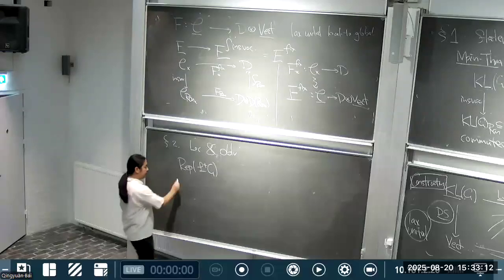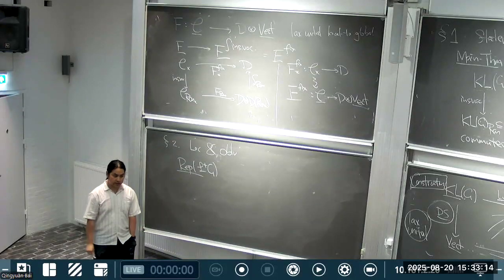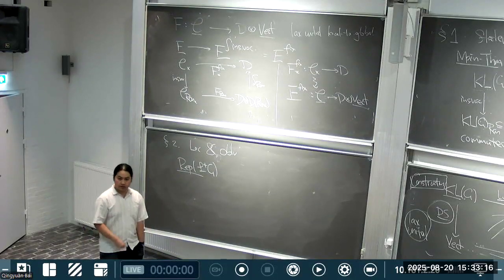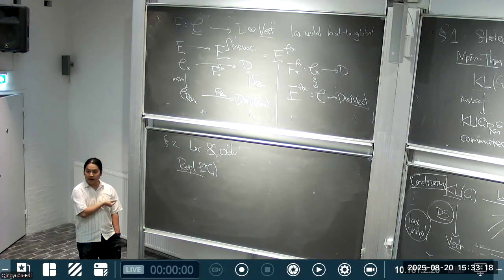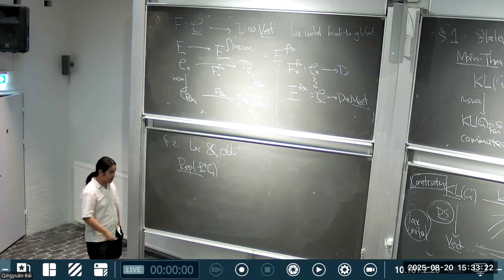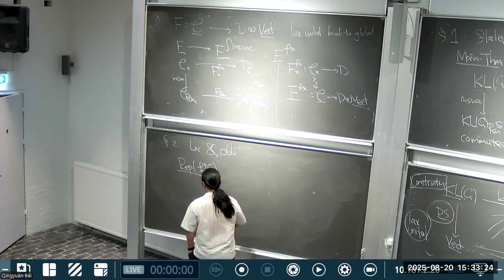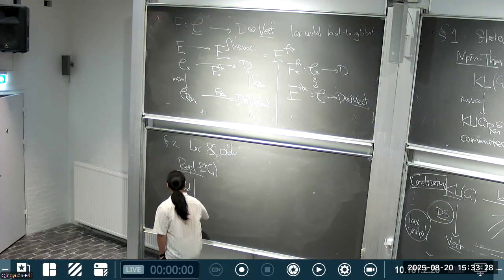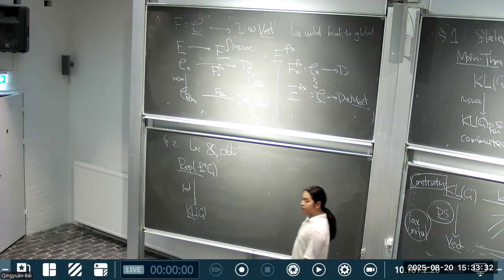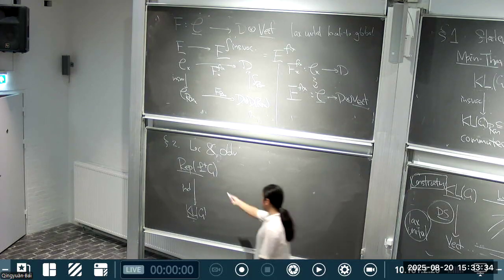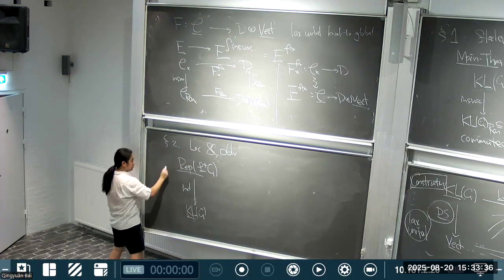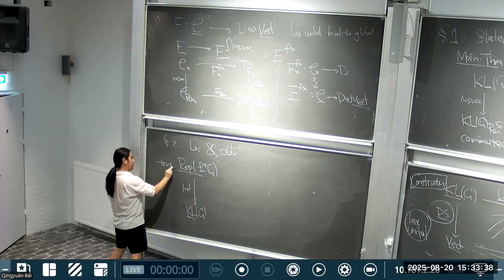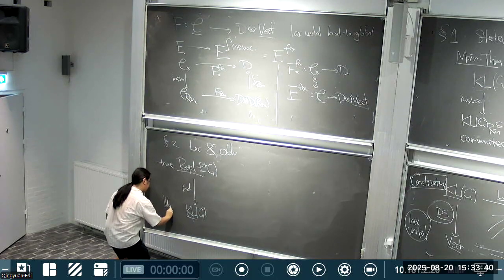We can also make a factorization, viewing it as a unital shape of categories. Here the unital structure is given just by trivial representations. It's easy to imagine that the trivial representation gives you a unital structure. And here there is this functor which goes to this KL. This functor is a unital functor because it sends the trivial representation here to Vect here.